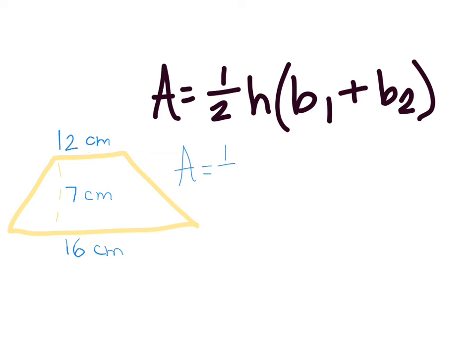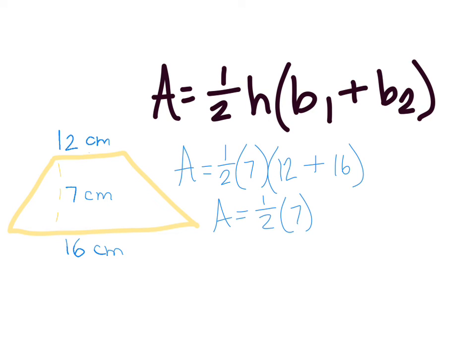Area equals 1/2 times the height, which is 7, times B1, which could be either the base on top or the base on bottom. It does not matter. Times 12 plus 16. Now, according to the order of operations, I'm going to solve what is in parentheses first. So I'm going to rewrite this as area equals 1/2 times 7, and I'm going to add 12 plus 16, which is 28.